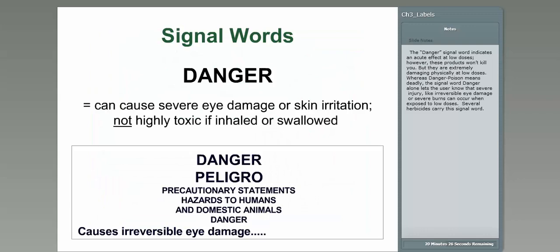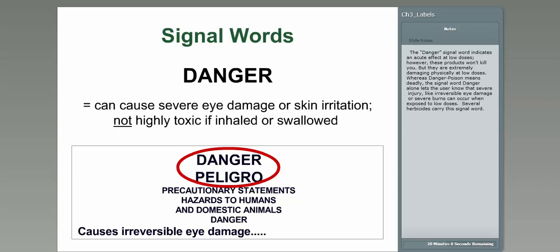The danger signal word indicates an acute effect at low doses. However, these products won't kill you, but they are extremely damaging physically at low doses. Whereas danger-poison means deadly, the signal word danger alone lets the user know that severe injury, like irreversible eye damage or severe burns, can occur when exposed to low doses.